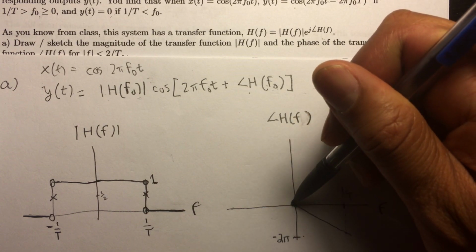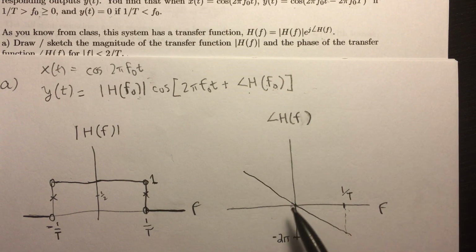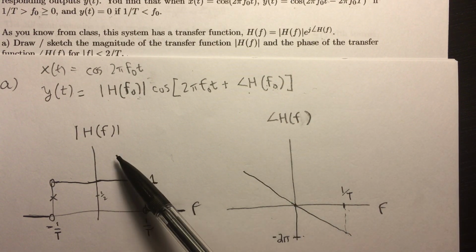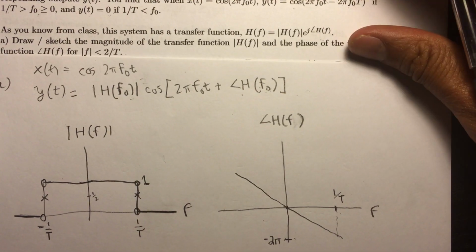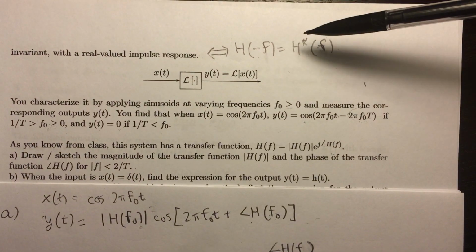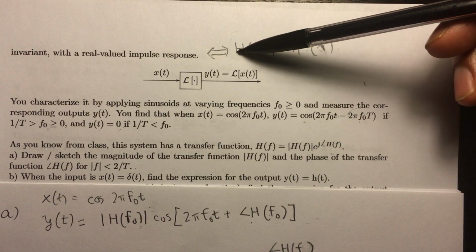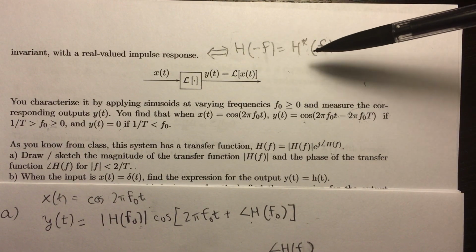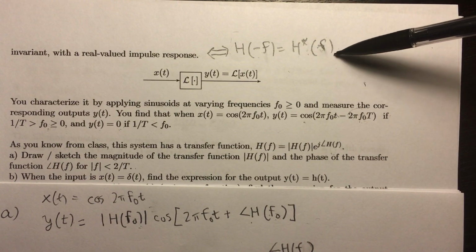Okay, and we go, now the magnitude was symmetric because the function was real. If we look back up here, and we actually did this in class, the phase of h of minus f is equal to minus the phase of h of f, right?